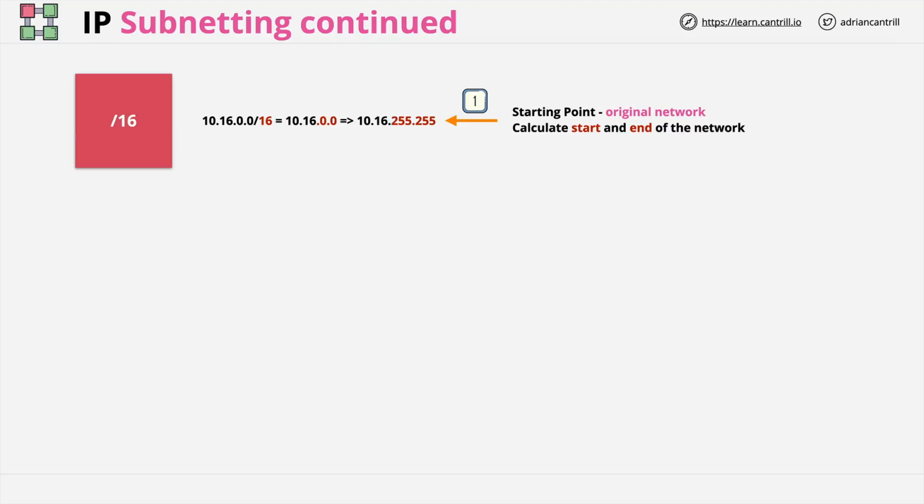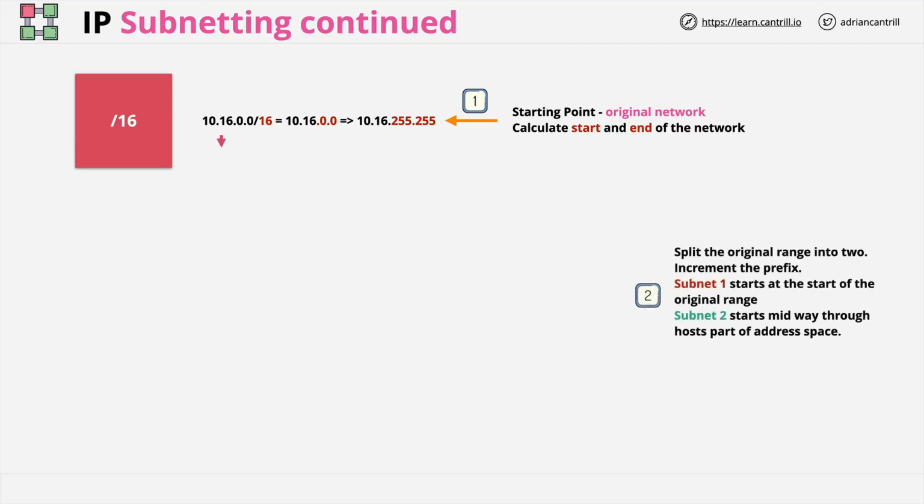So we know that any /17 networks will be half of this size. So step 2 is to split the original range into 2. The first /17 network starts at the starting point of the original network, so 10.16.0.0, and ends halfway through at the original range, so 10.16.127.255.